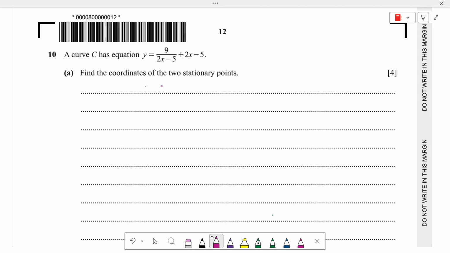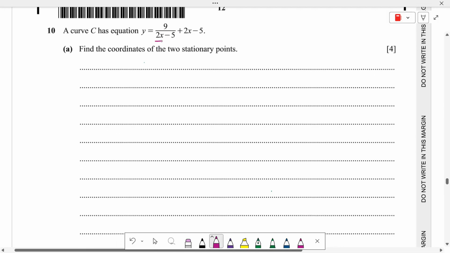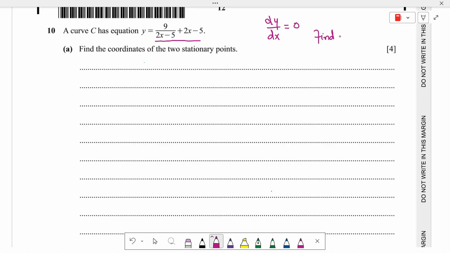Question number 10. A curve has the equation given, this one. Find the coordinates of the two stationary points. To find the stationary points, dy over dx should be equal to 0. And then by using this equation, we can find the x coordinate.